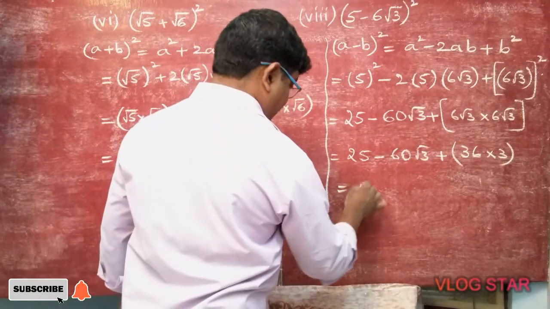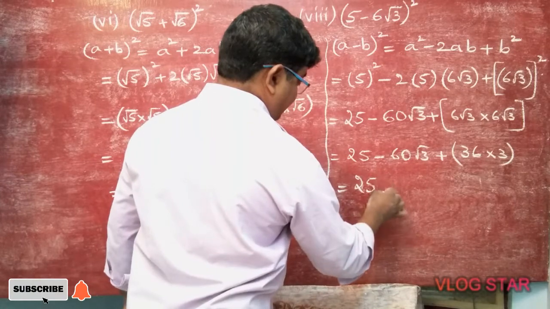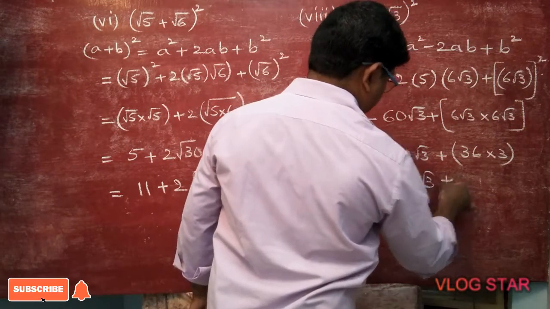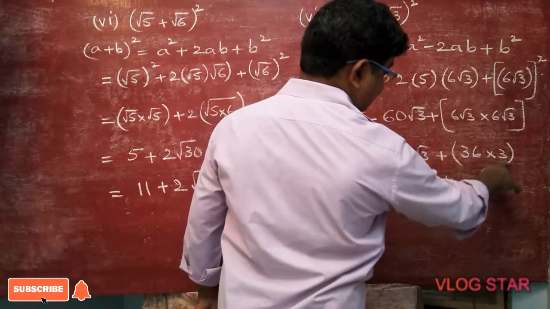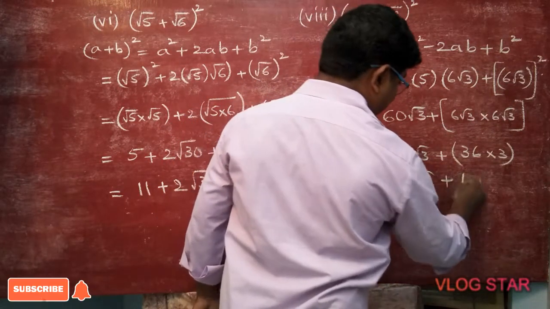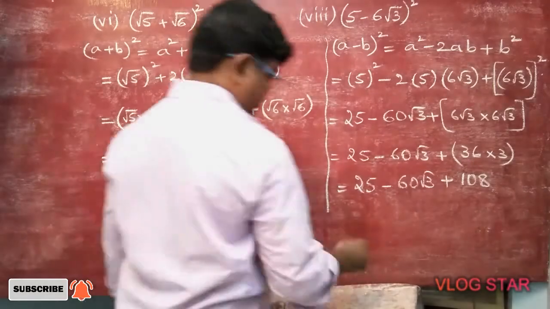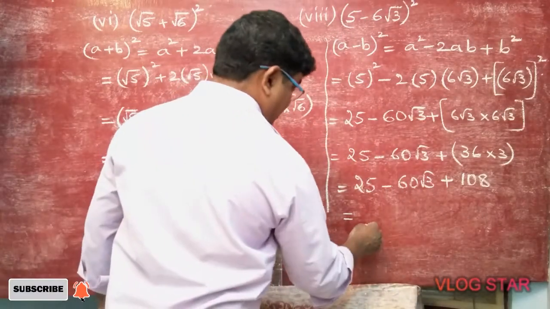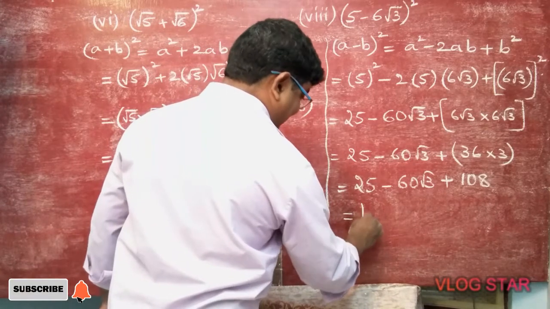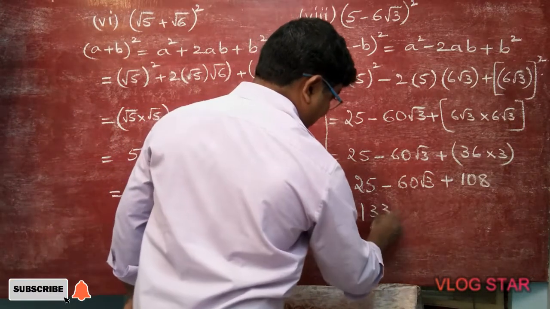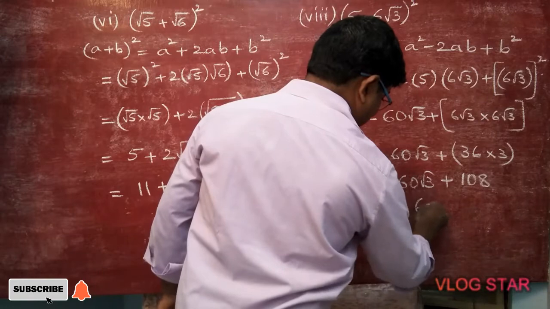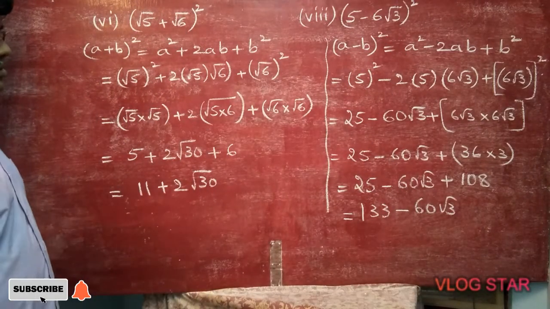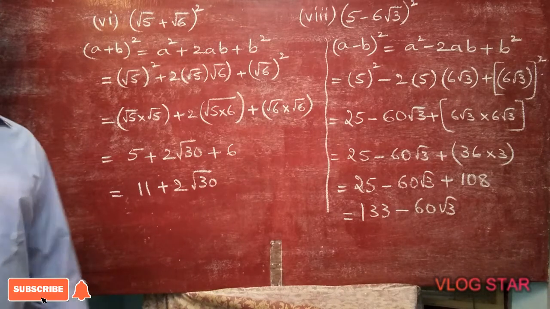That is equal to 25 minus 60 root 3 plus 36 3s are 108. Now 25 plus 108, 133. 133 minus 60 root 3. So this is the way of simplifying the problem.